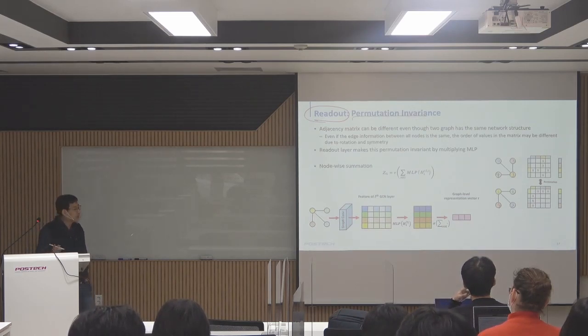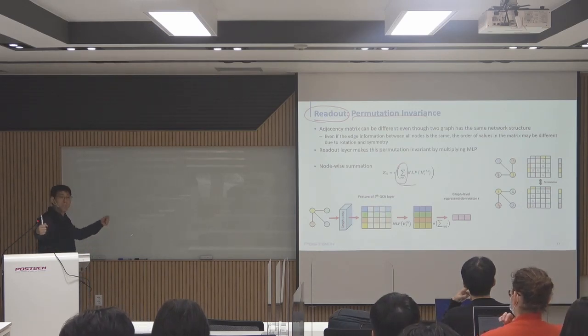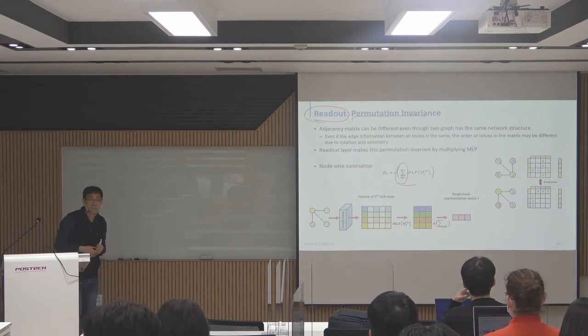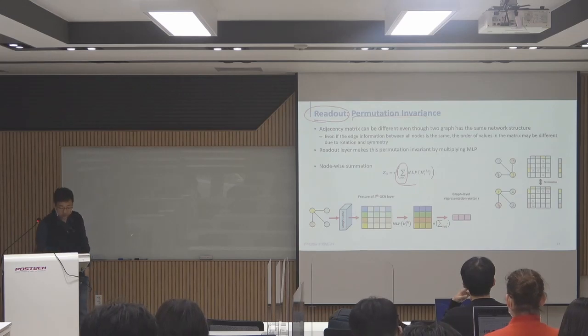But again, the simplest way is to just do summations at the end. If we do summations at the end, if we do permutations inside, it doesn't matter. You see what I mean?